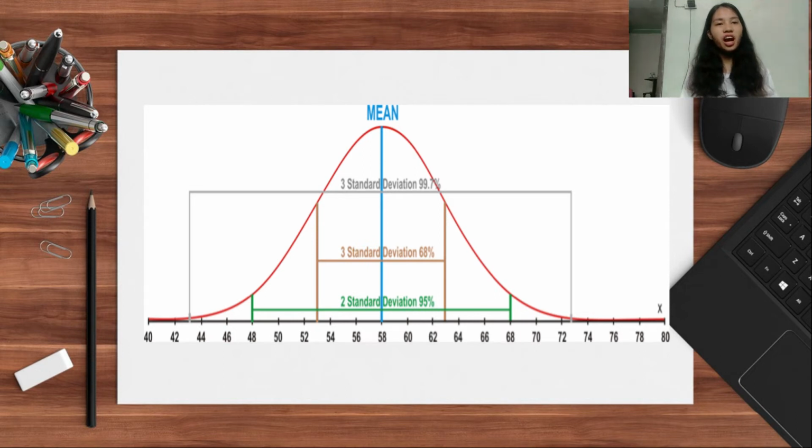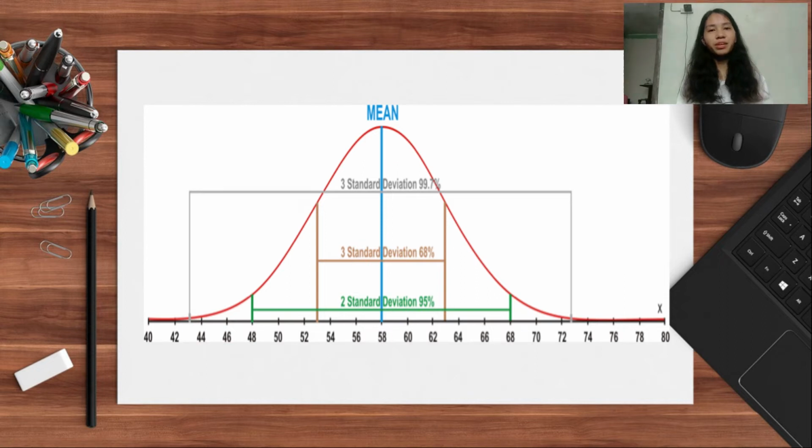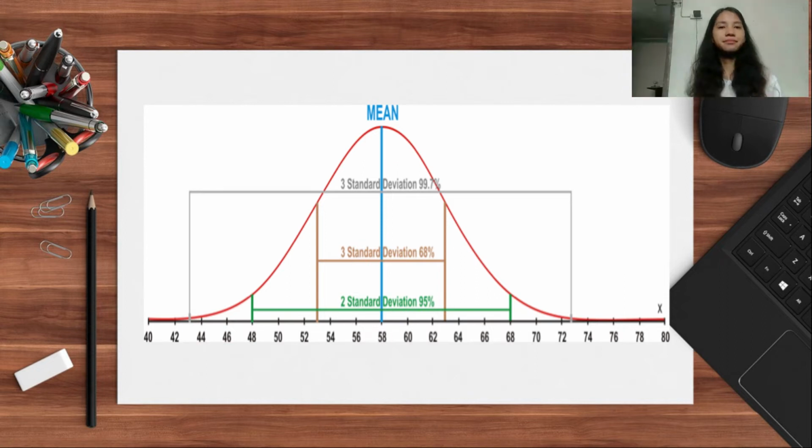Within this range are all of the data values located within 1 standard deviation above or below the mean. Furthermore, 95% of the data would fall within 2 standard deviations of the mean, or in this case between 48 and 68. Finally, 99.7% of the data values would fall between 43 and 73, or within 3 standard deviations of the mean.